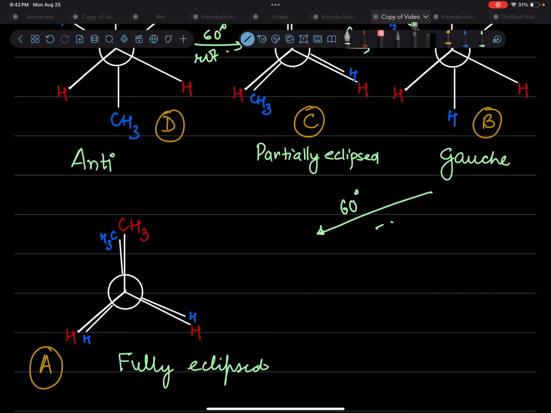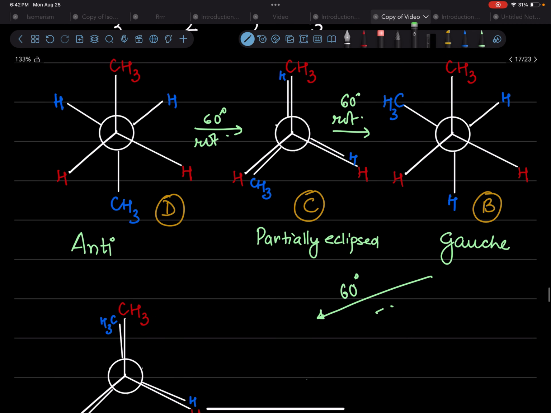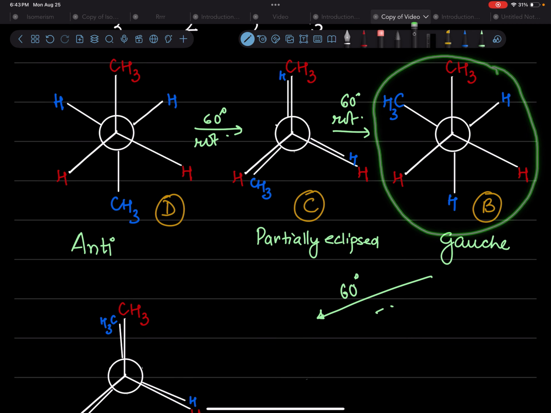Now, if you give it a further rotation by 60 degrees, your methyl will come here, your hydrogen will come here, and the hydrogen will come here. So 2 methyls are in the gauche type of conformation, which would be similar to this. So there are only 4 extreme conformations in terms of energy and stability in case of butane when we do the rotation around the second and third carbon, right?